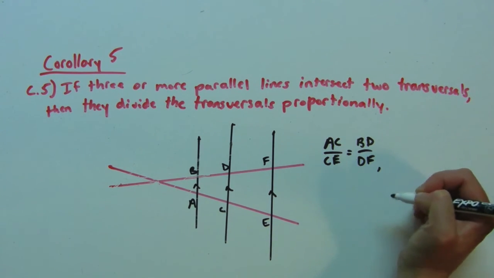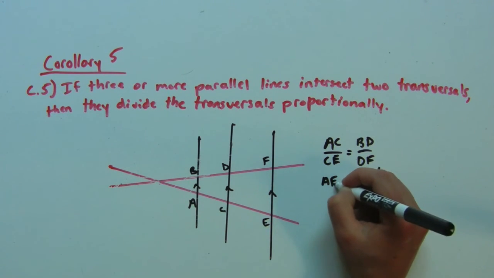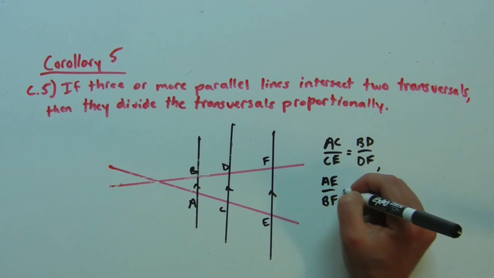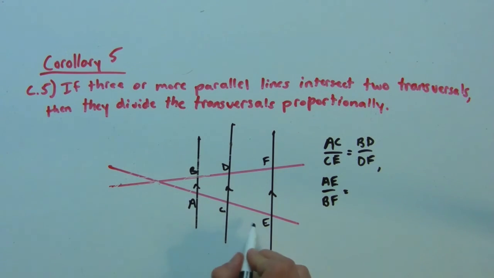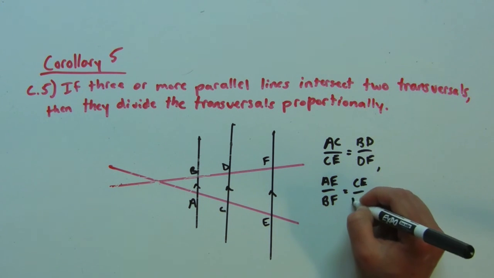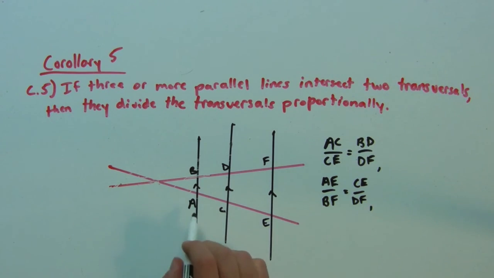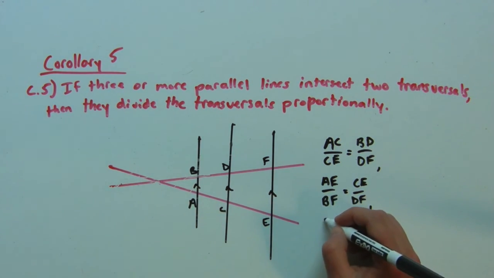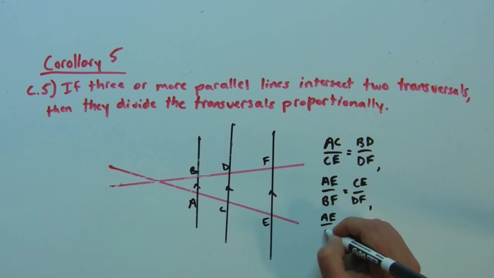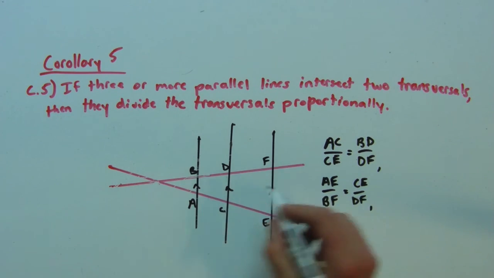Also, that AE over BF was equal to CE over DF. And I could say that AE over CE was equal to BF over DF.